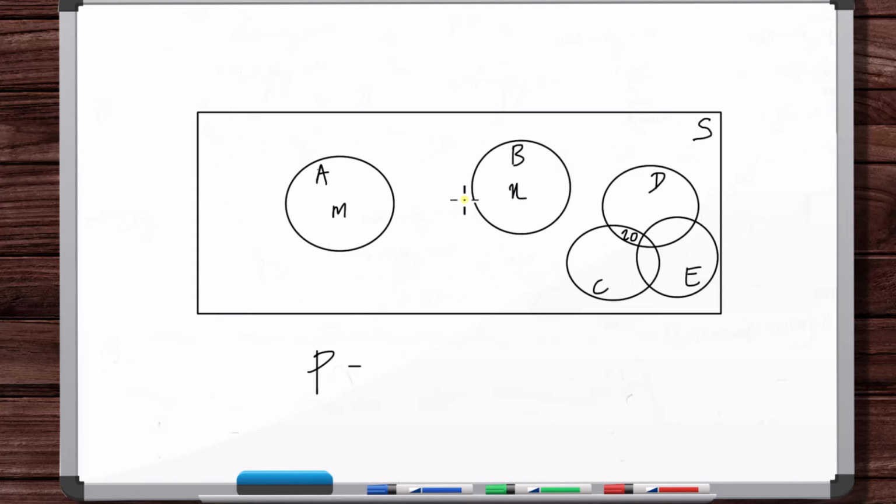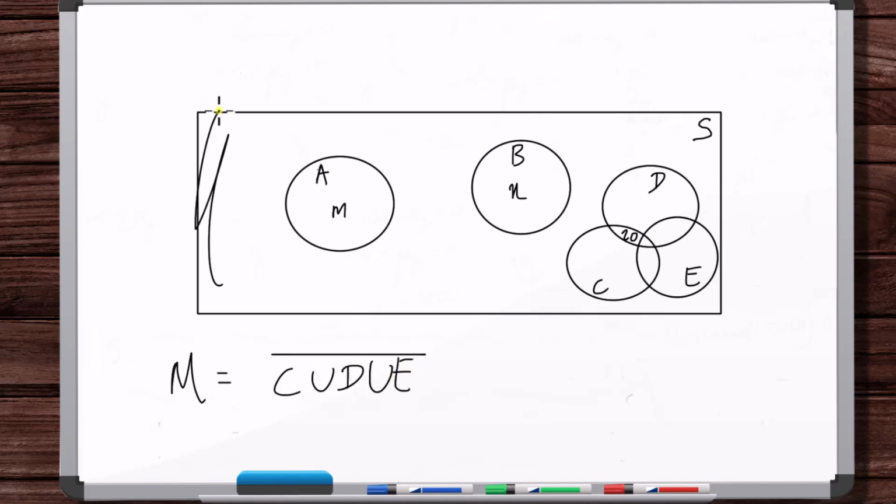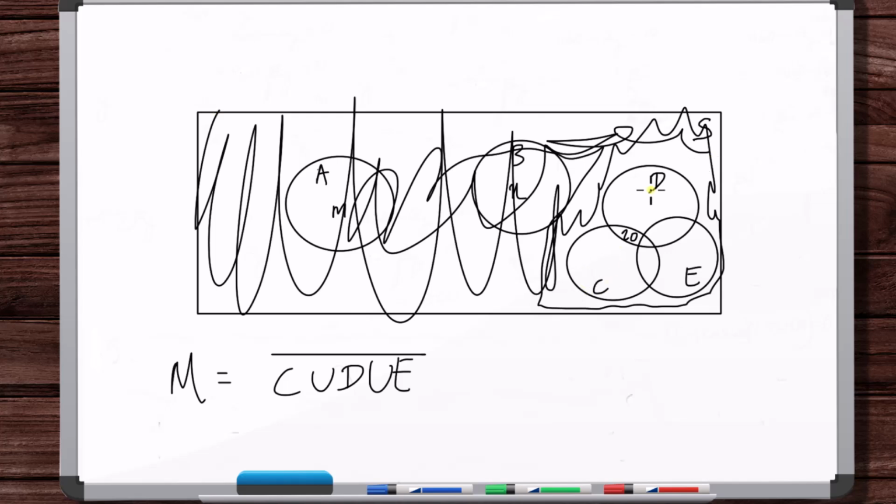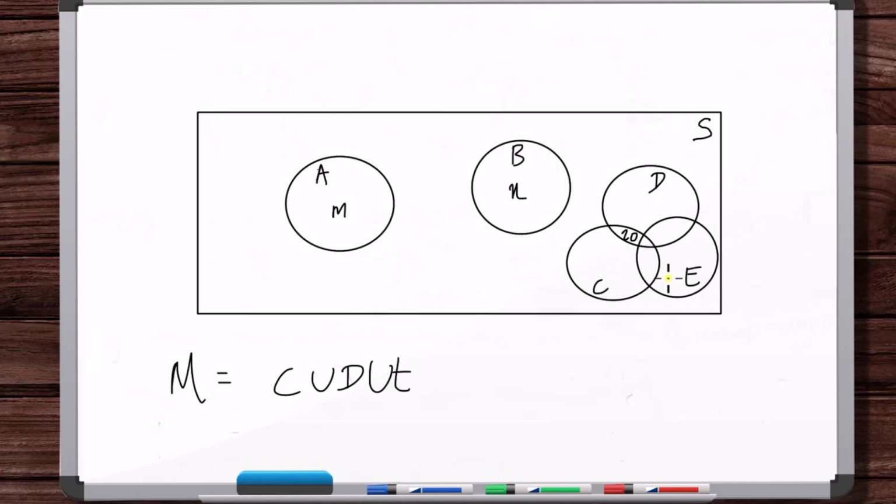We could say this new set M is, so you could do P not, or not P, C union D union E not, so that would be all of this. Right? Everything that's not in C, D, and E. All right, now we can think about using this not idea, we can come up with a formula for the subtraction of sets.